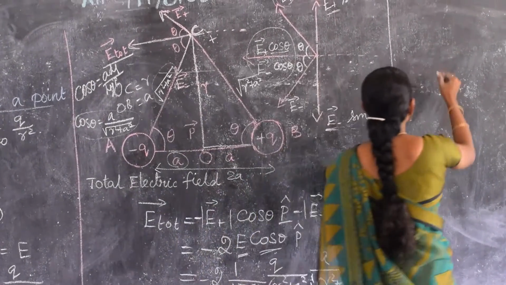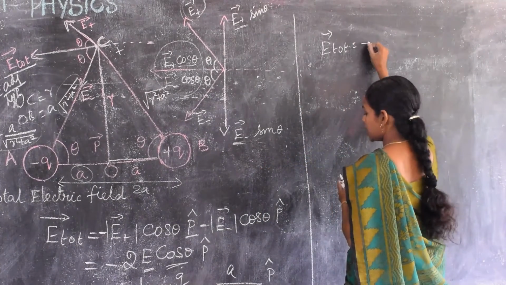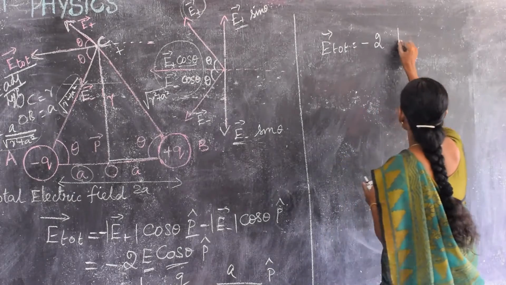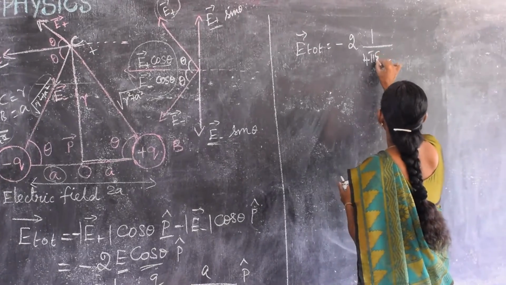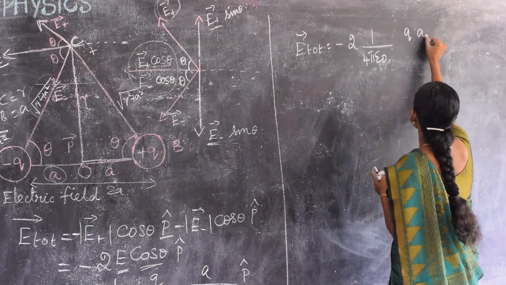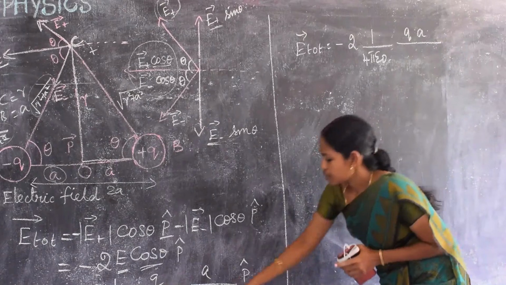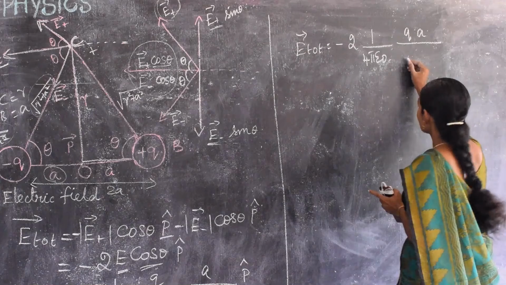So the equation will be E vector total is equal to minus 2 divided by 2 into 1 divided by 4 pi epsilon naught, Q A divided by, the bases being common, add the powers, 1 plus 1 by 2 is equal to 3 by 2.